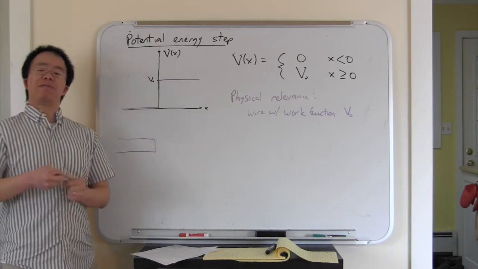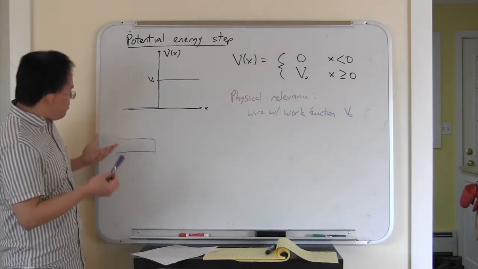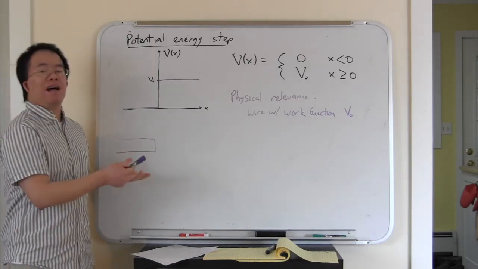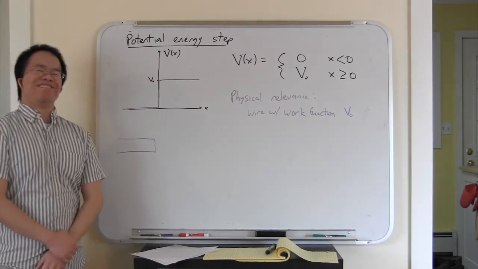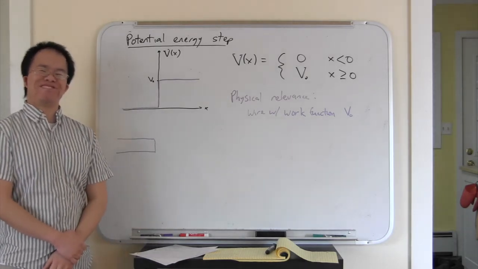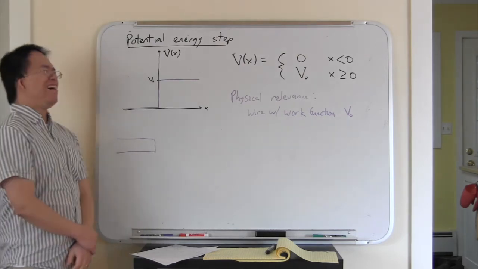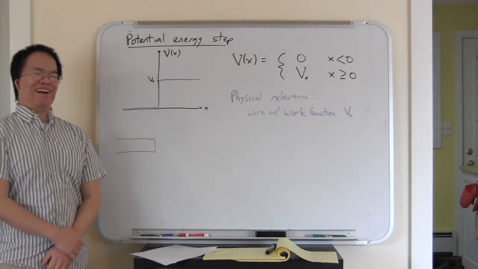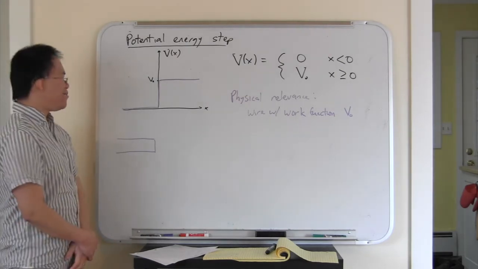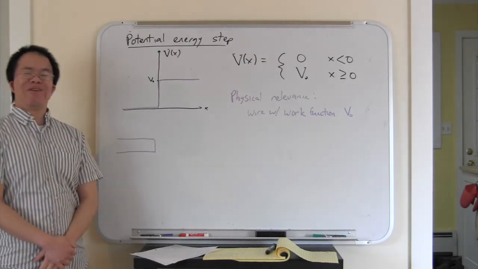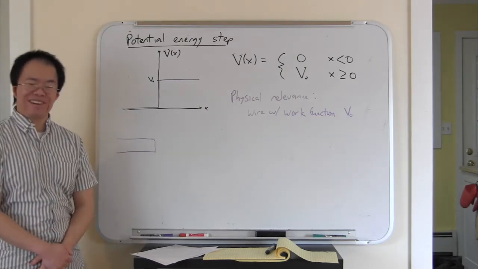Now, how might we go about physically studying or probing a situation like this? Well, there's something that we physicists like to do. Namely, if we're trying to find out something about a physical situation, oftentimes it's helpful to just shoot particles at it.